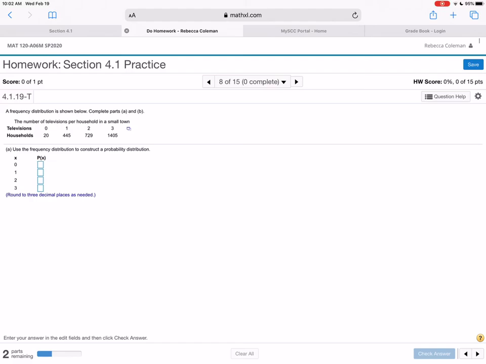So in a situation like this problem, where I'm given a frequency distribution, right? So I've got the number of households that have 0 televisions, the number of households that have 1 television. And I want to convert that to a probability distribution. All I have to do is convert those frequencies, the number of households, to a probability.